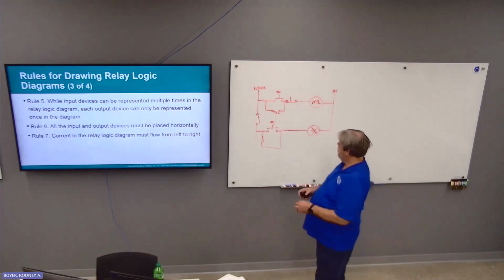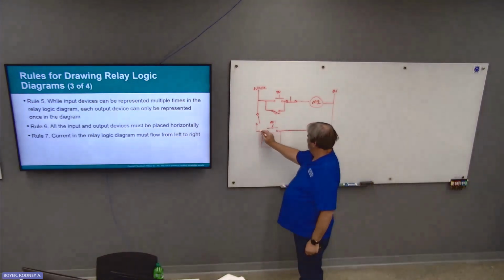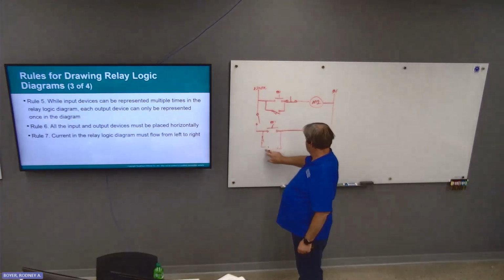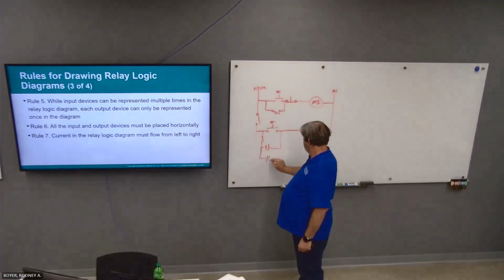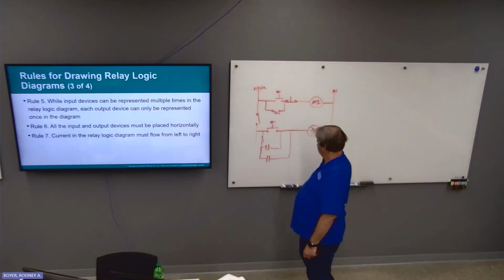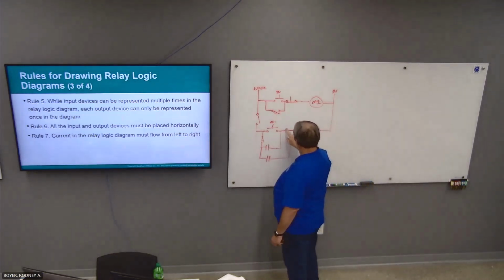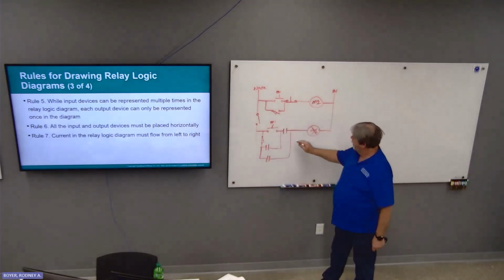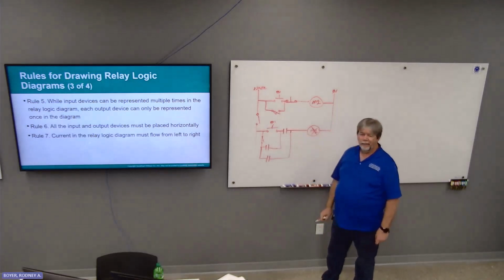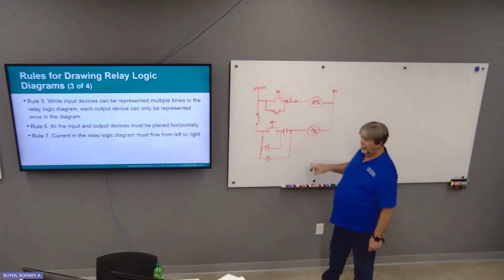So you can have a situation where it would flow in as long as I can find a path for current flow in a relay diagram, that's going to energize.